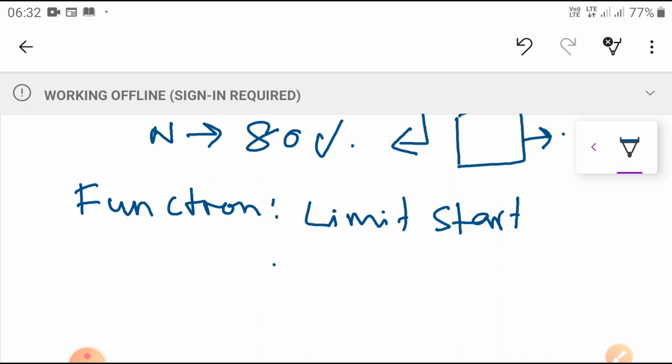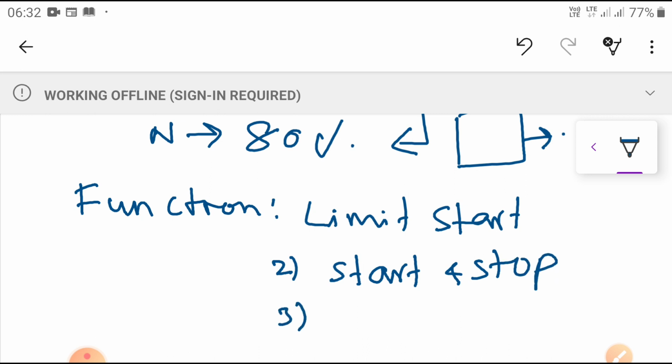Not only that, it can be used to start and stop the motor whenever I require. At the same time, it can also be used for automatic speed control as a starter. Speed control is possible.